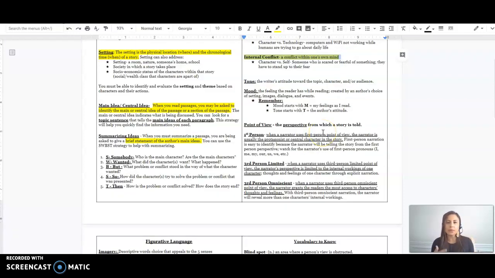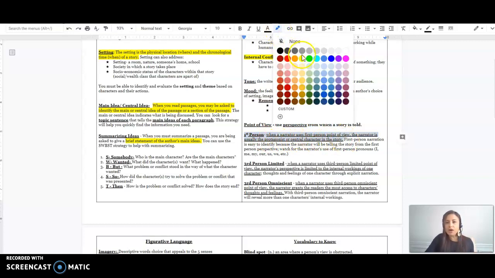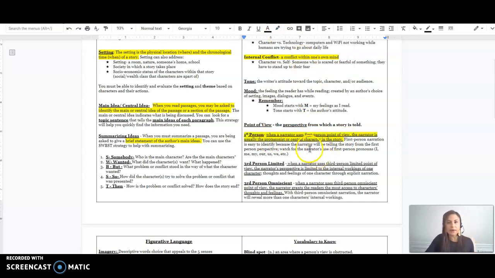Point of view is something that we have been discussing all year as well. There are a couple different points of view that we have been discussing. The first one being first person point of view. First person point of view is when the narrator is somebody who is inside the story. They are usually the main character and they use lots of personal pronouns such as I, me, my, our.